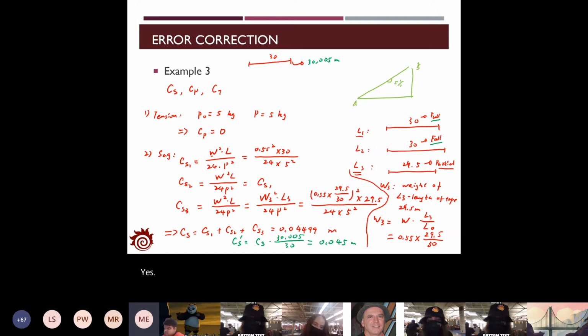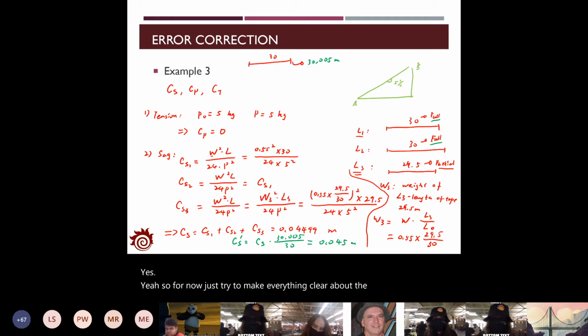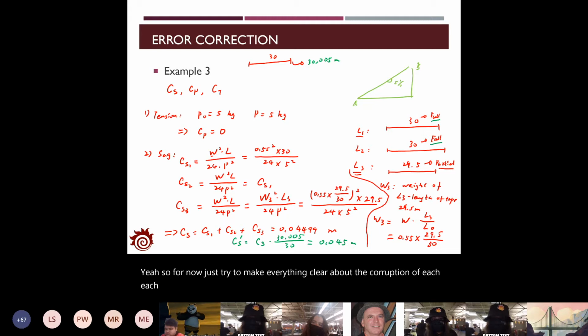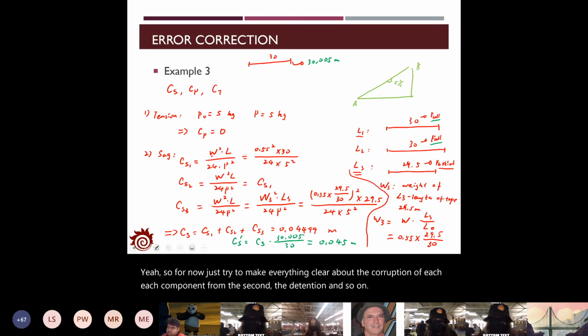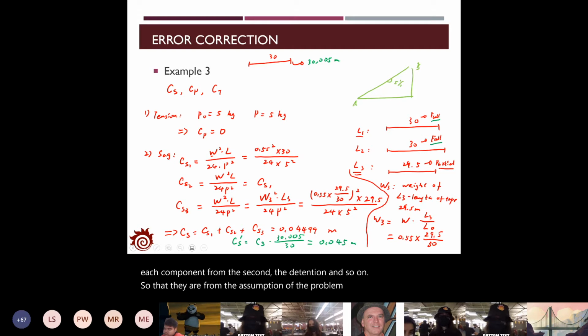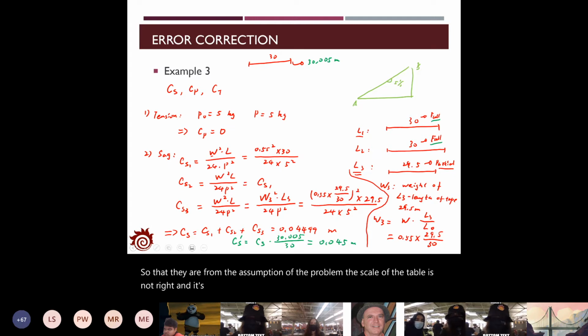Yeah, so for now, I just try to make everything clear about the correction of each component from the sag, the tension, and so on. You know that from the assumption of the problem, the scale of the tape is not right. Even though it is marked at 30 meters, it actually measures around 30.005 meters, 5 millimeters longer.